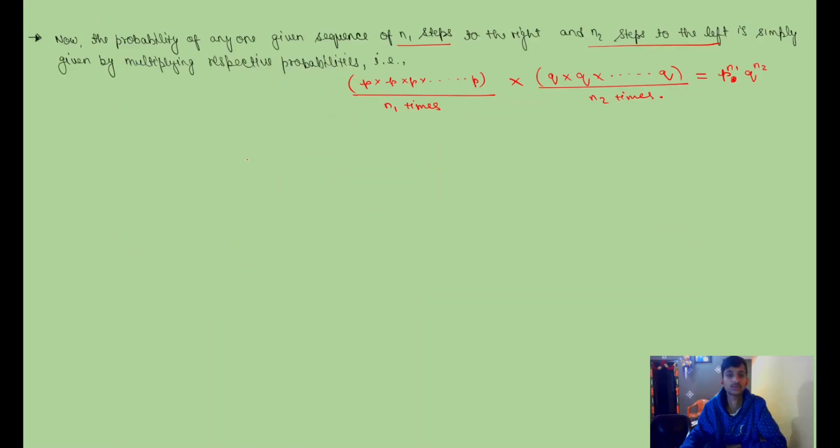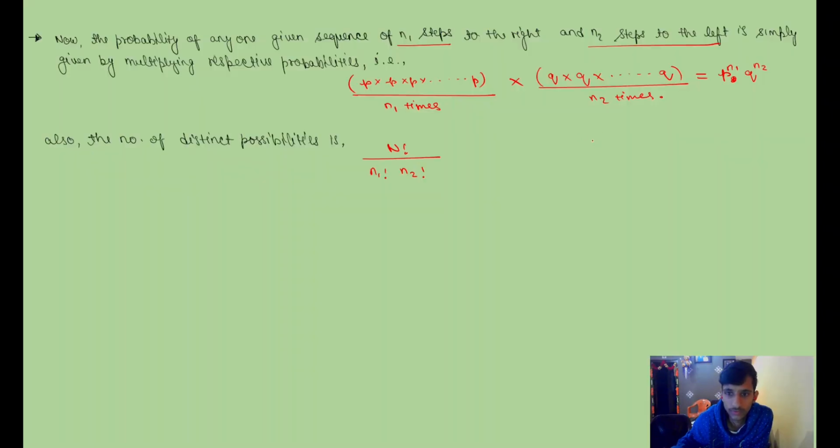This all corresponds to the same probability. So the number of distinct probabilities will be n factorial divided by n1 factorial and then n2 factorial. This is the number of ways in which you can arrange. Let's suppose you have n particles, out of which n1 are of one kind and n2 are of another kind. So the number of distinct possibilities will be like this.